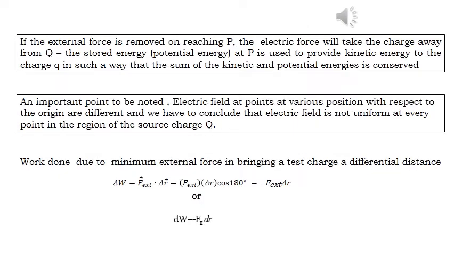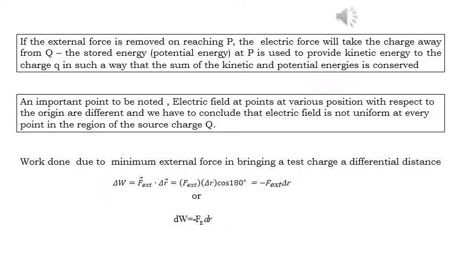Look at the first paragraph. If the external force is removed on reaching the point P, the electric force will take the charge small q away from Q due to the predominance of capital Q, the repulsive force.